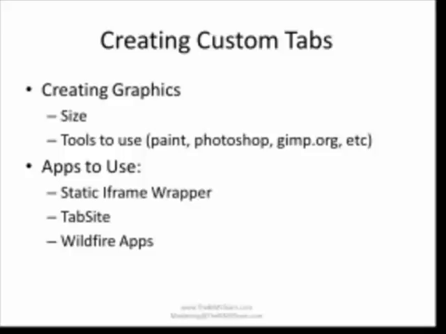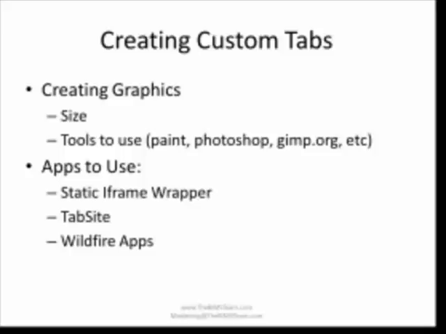To actually create the graphics and everything, Amber and I recommend using a couple of tools. Some of these are free, some of them you do have to pay for. Most of us have Paint on our computer. That's a great free tool that you can use to create the images. If you're a little bit more into graphics, there's Photoshop.